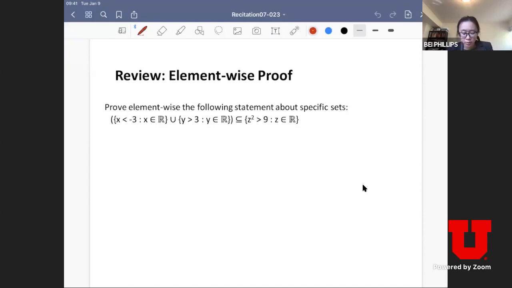Okay, so you have roughly 1 minute to think about how you would prove this problem, and then we'll go over the problem together. To begin, I'm going to simplify the problem by using some notations.